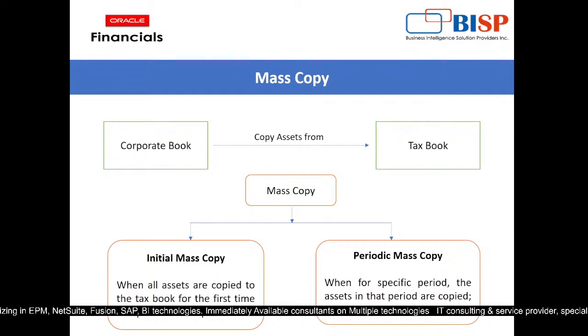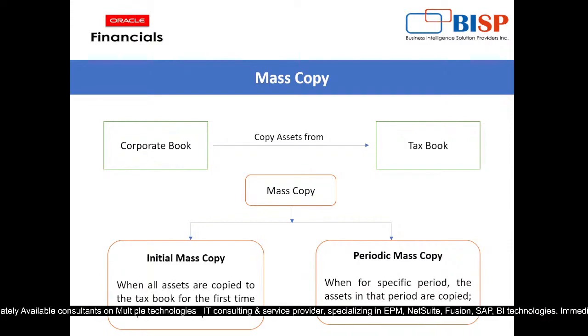Mass copy is a task through which we copy our assets from the corporate book to our tax book. For that, your user must have access to both the corporate book and the tax book. And if you want assets belonging to a specific asset category to be in your tax book, then those asset categories should be assigned to your tax book as well.